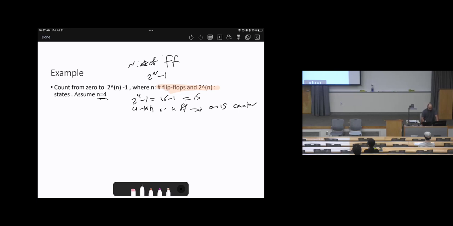In other words, we can make something called a hexadecimal counter. How can we achieve the hexadecimal counter?